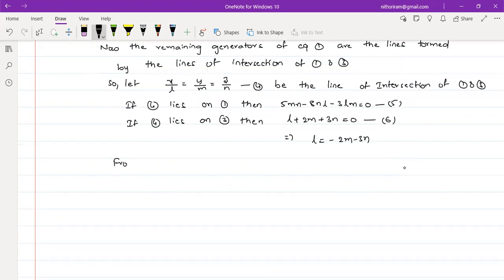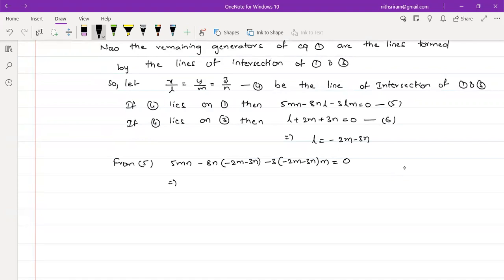Now we substitute this L value in equation 5. So from 5, I am substituting 5mn minus 8n into minus 2m minus 3n, minus 3 into minus 2m minus 3n into m is equal to 0. I have substituted the value of L in equation 5.